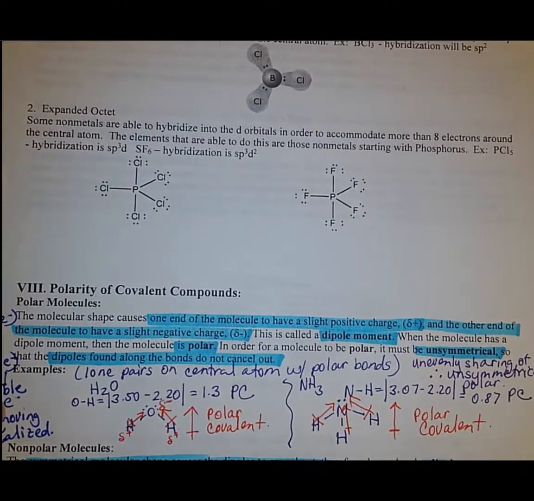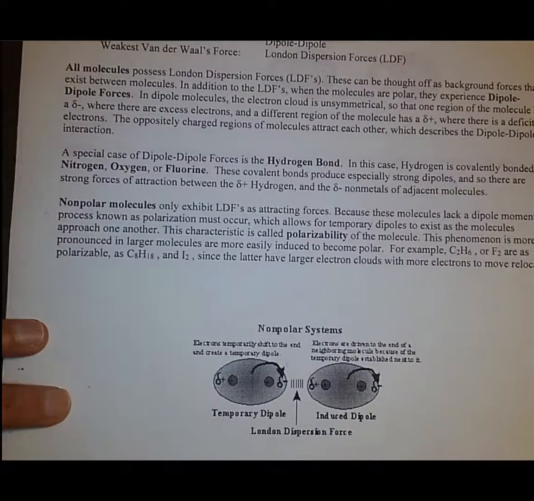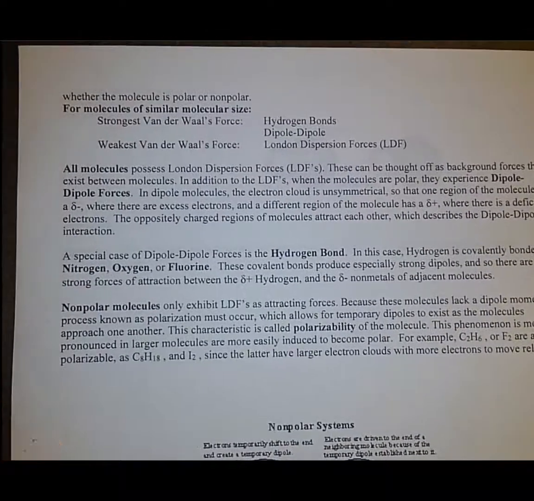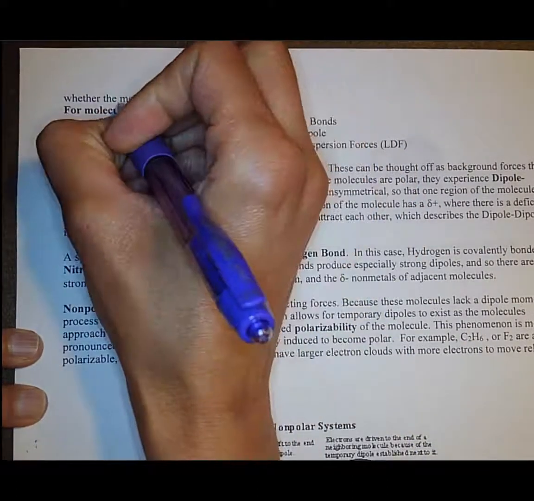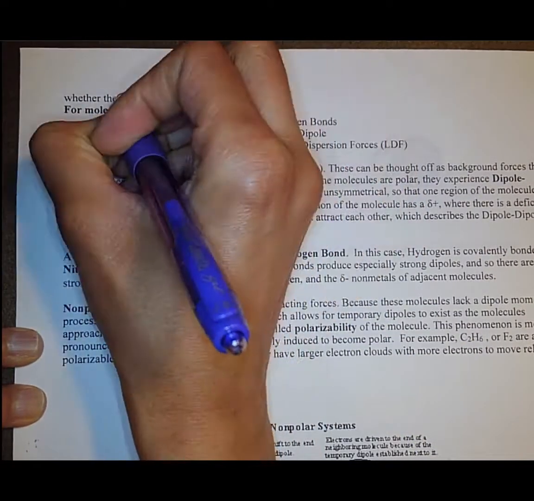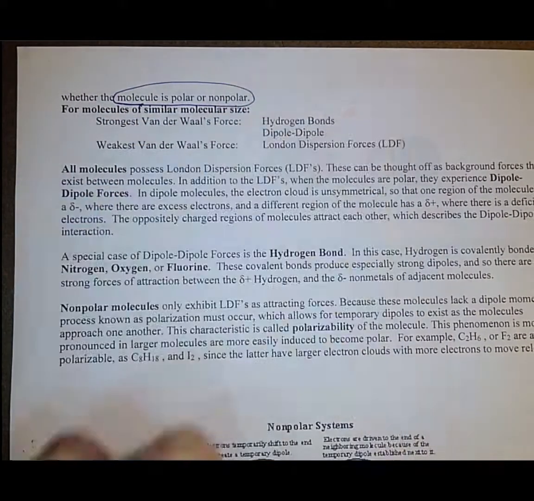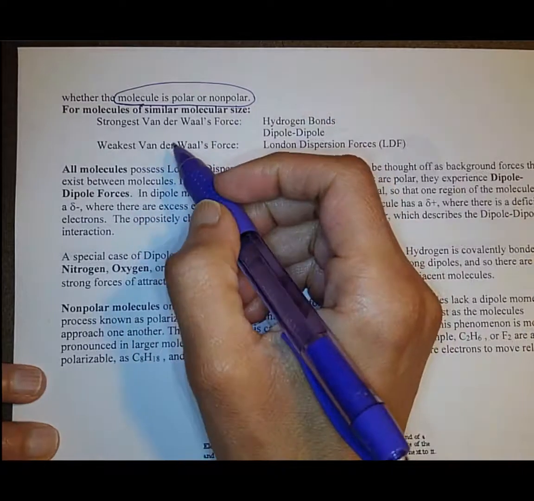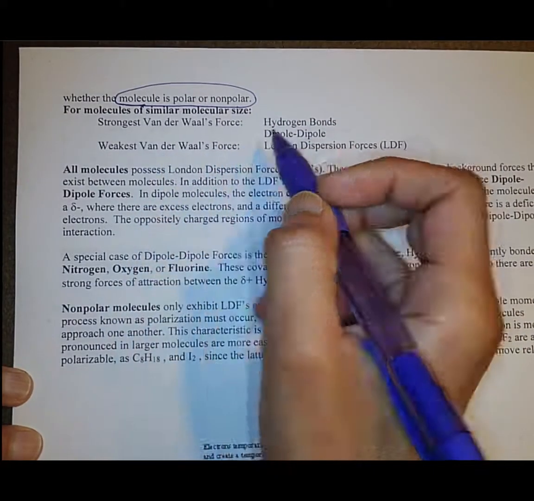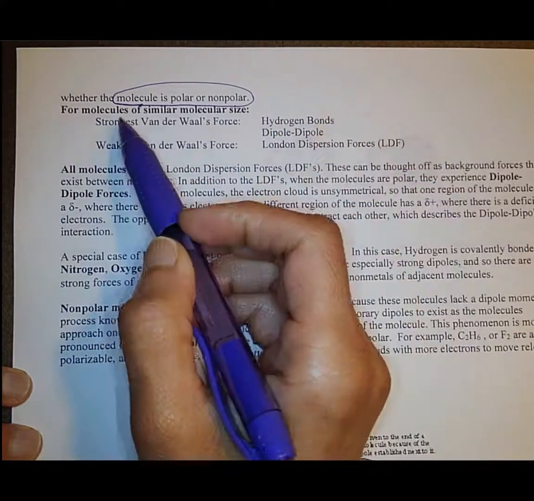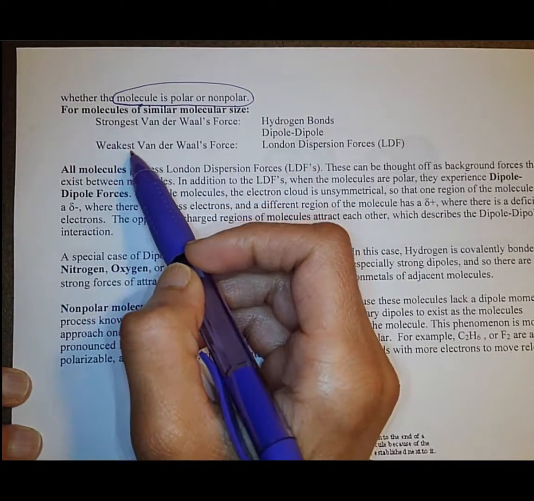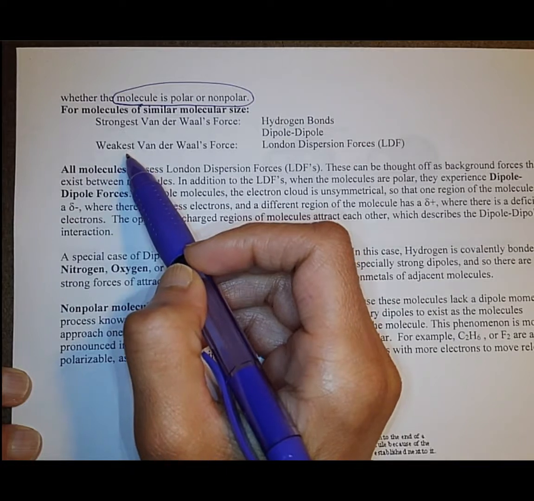So what this is actually saying is that your van der Waals forces are very much dependent on whether a molecule is polar or non-polar. So that's what they're saying. Within the van der Waals forces, you have strong van der Waals forces and you have weak van der Waals forces.